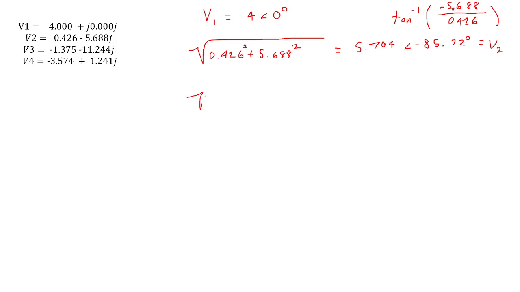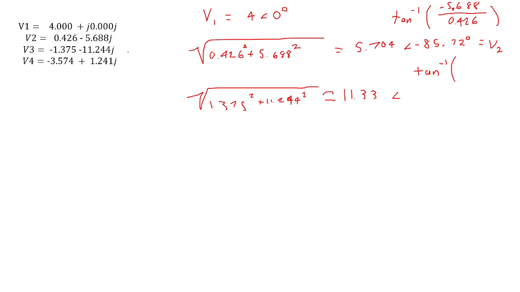For V3, we calculate the square root of 1.375 squared plus 11.244 squared, which I'm getting as approximately equal to 11.33. To get our angle, I wanted to write these out because we have to be very careful.